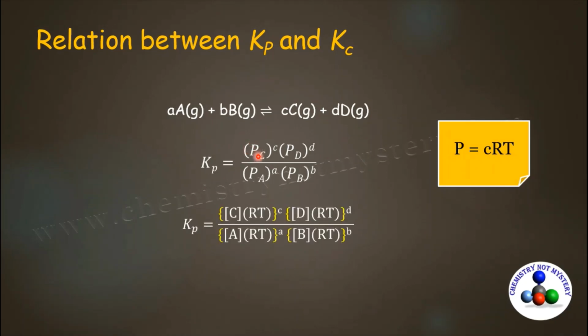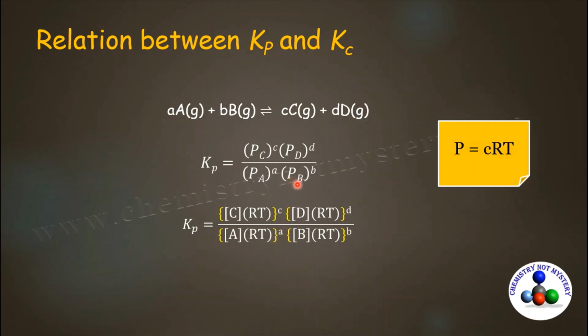When you replace the partial pressure of C with the concentration, you will get concentration of C multiplied by RT, and whole raised to c. Similarly, for partial pressure of D, you will get concentration of D multiplied by RT, and whole raised to power d. For partial pressure of A, you will get concentration of A multiplied by RT whole raised to power a.